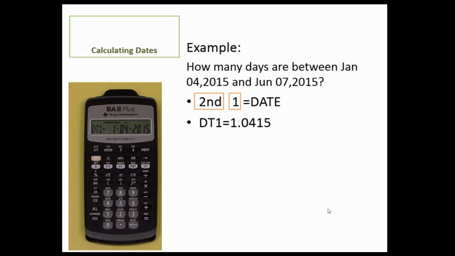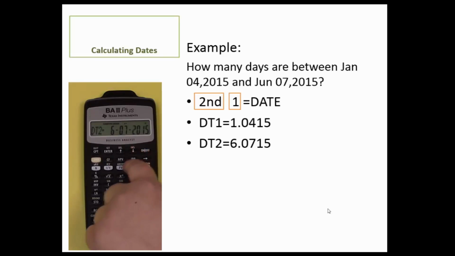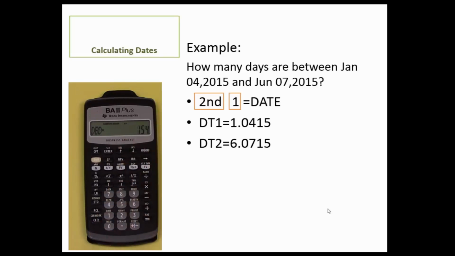First, enter 6 for the month of June, and 07 for the day, and 15 for the year. Press down and then compute to calculate the number of days between these two dates. The answer is 154 days.